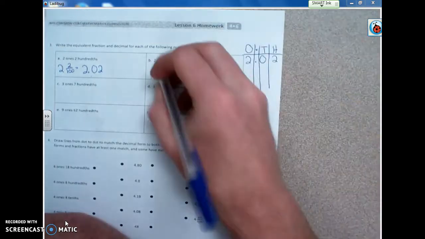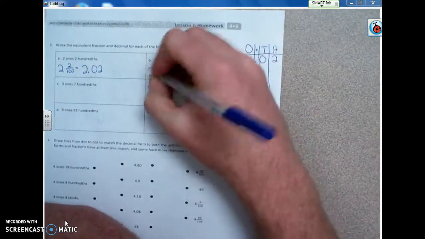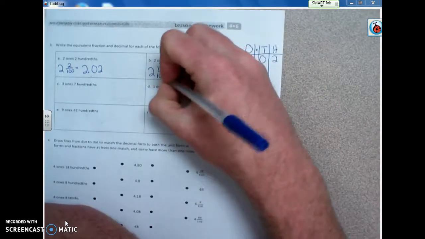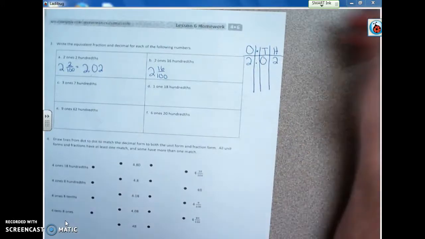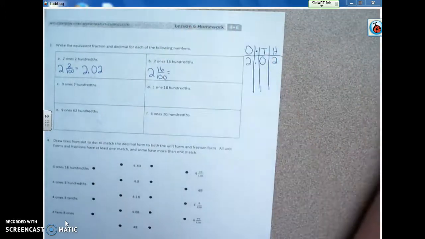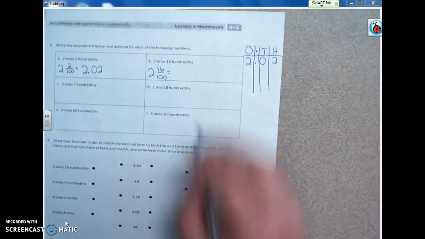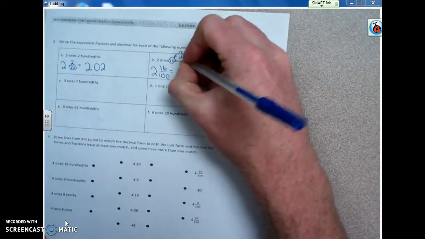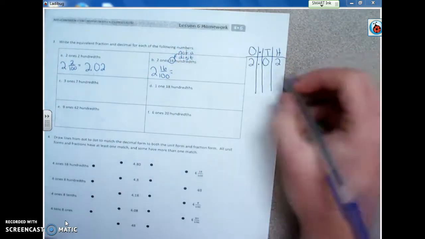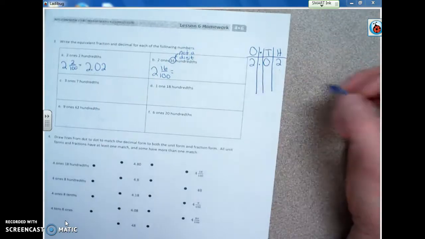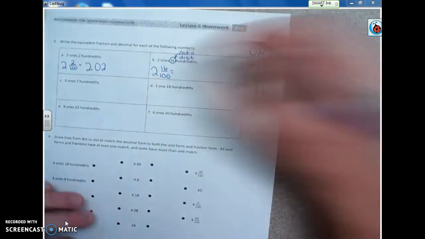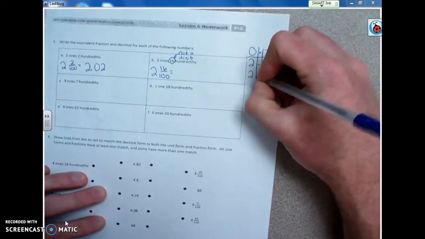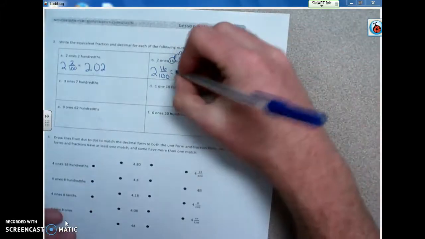Let's look at B now. At B, I have 2 ones and 16 hundredths. So that's 2 and 16 hundredths as a fraction. When I go to write this as a decimal, I have a problem. 16 hundredths, that is not a digit. So I can't write a 16 in the hundredths place. That's not going to work. So I have 2 ones, so that can go in the ones place. That's a digit. But I have to fix this 16 hundredths.